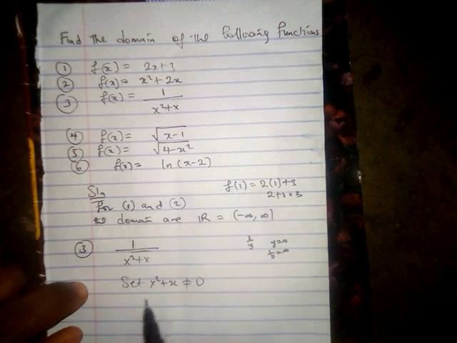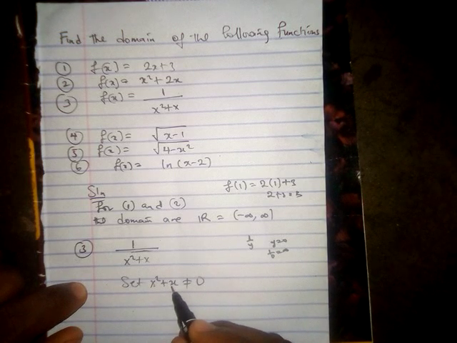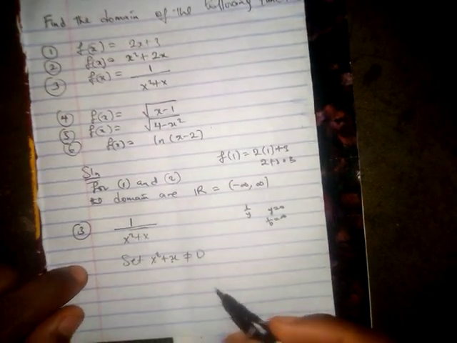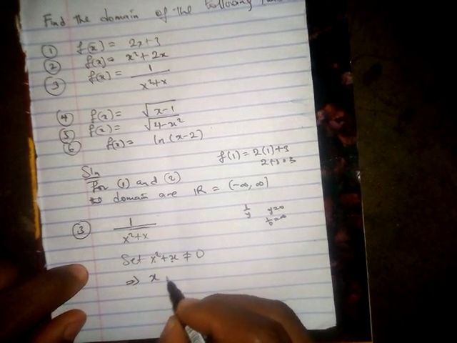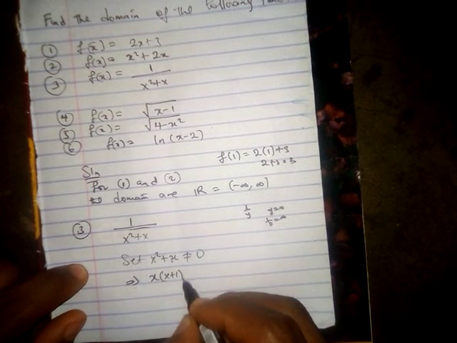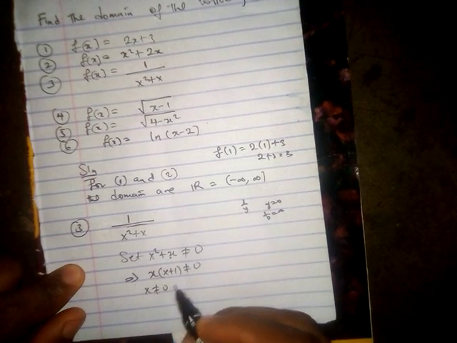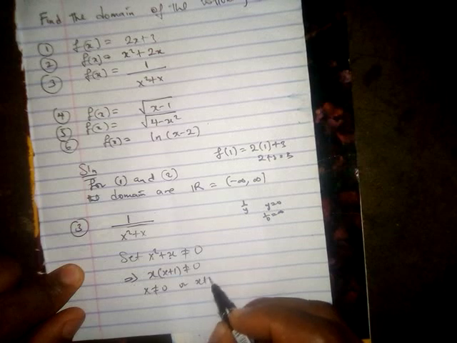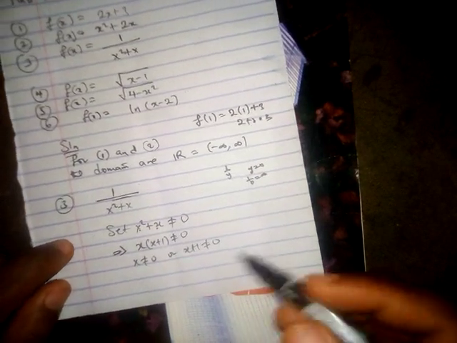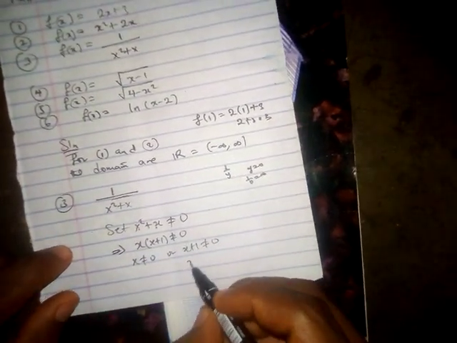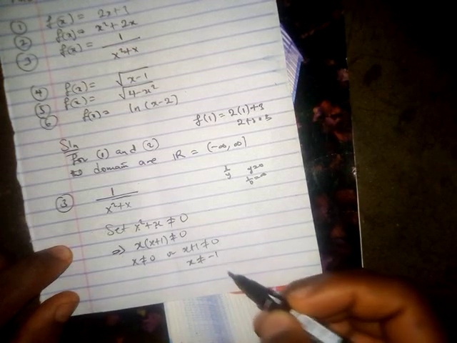By factorization, x times (x plus 1) is not equal to 0. So x is not equal to 0, or x plus 1 is not equal to 0. Solving this, we have that x is not equal to minus 1.